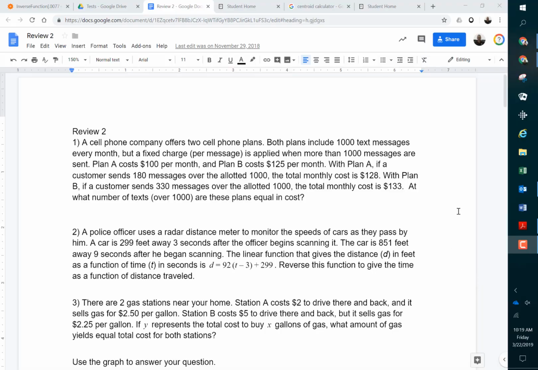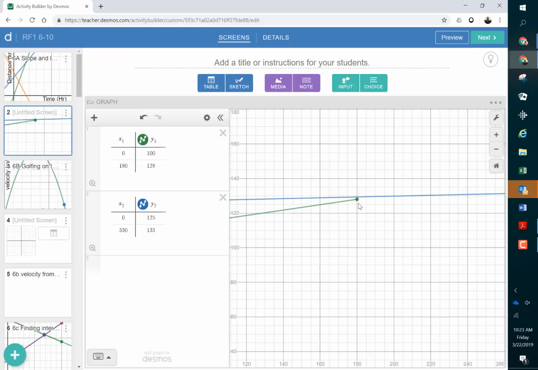For number one, I think what I would do is graph it using Desmos. Let's see. Can we extend that dot a little bit further?